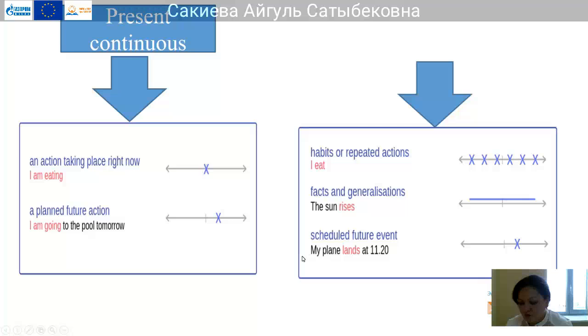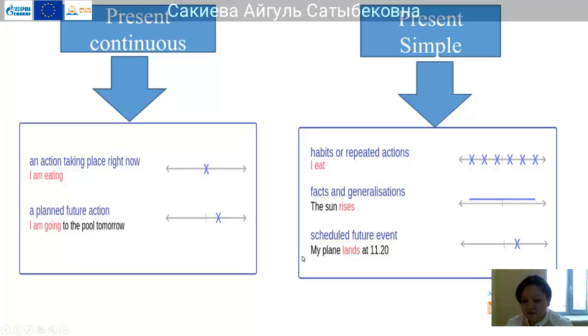So we use what kind of tense? Yes, you're right. We usually use present simple. And now we can see the differences between present continuous and present simple tenses, you see?